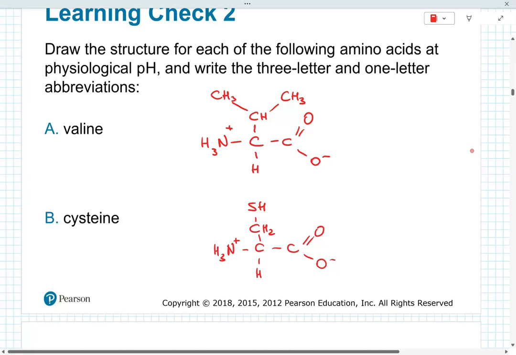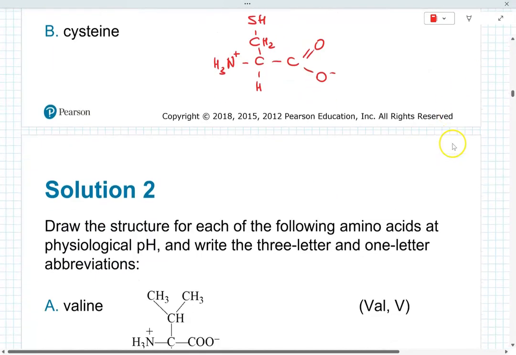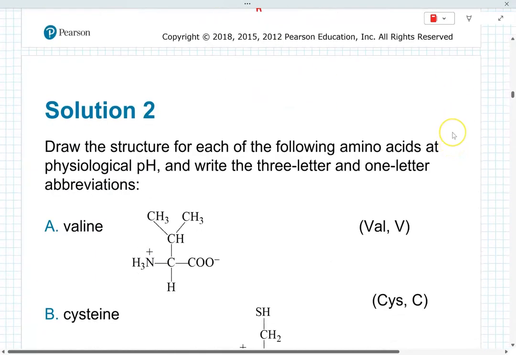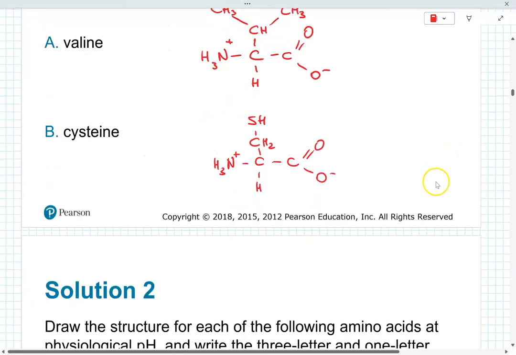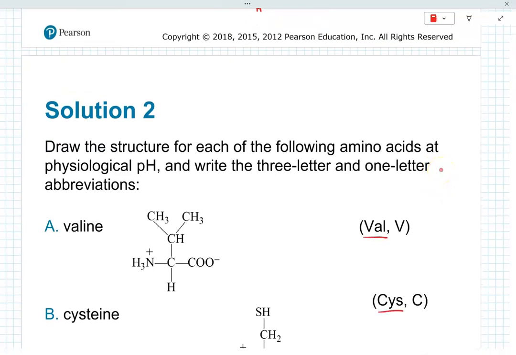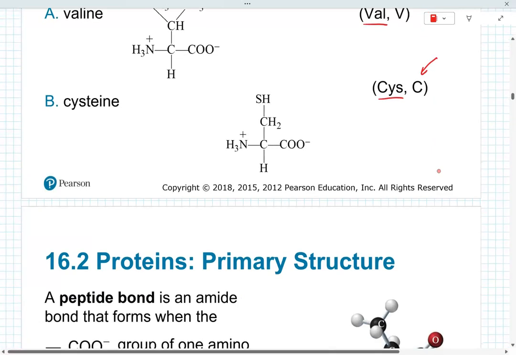Okay? Well, yeah, naming. Usually the first three letters. So, yeah, valine and cysteine, I forgot to do that. And since there are no other amino acids that start with V, and no other amino acids that start with C, from what I can remember, we have this. All good so far? Okay.